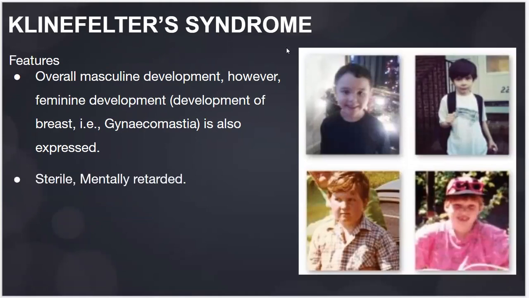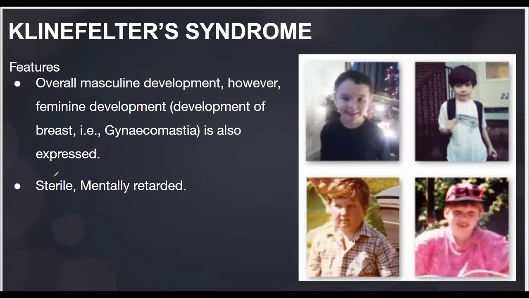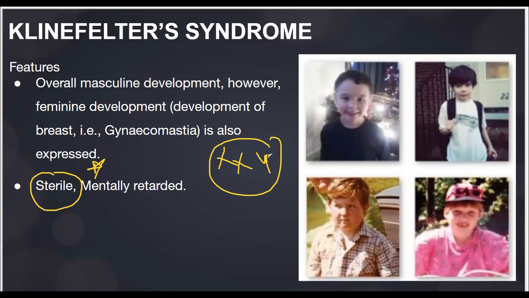One of the major manifestations of this disorder is that the male will be sterile. Sterile means what? Because he has two Xs and only one Y, he will not be able to produce sperms properly, so he will not be able to bear a child in future because of this abnormality.